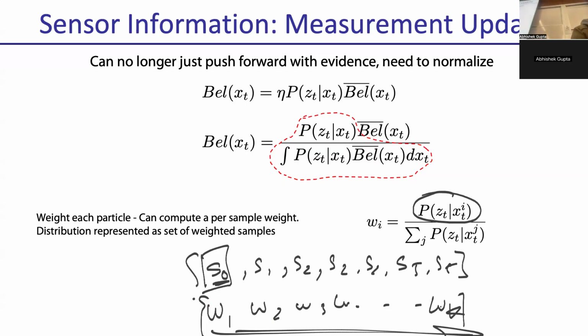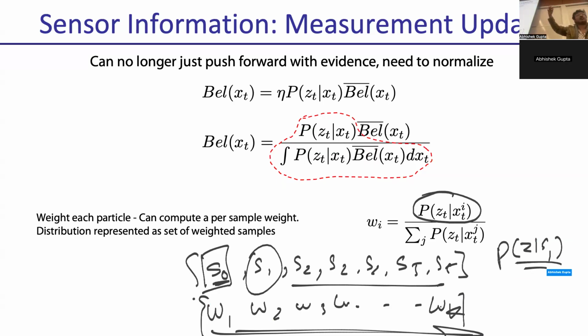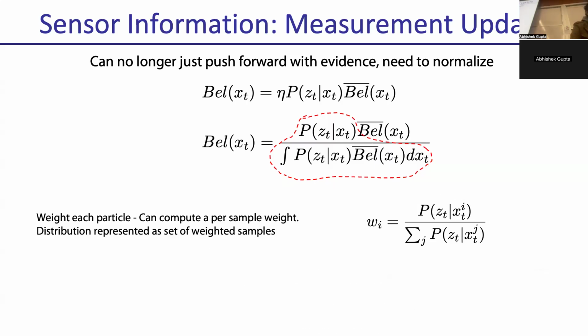Imagine that from this list, the measurement made S1 super likely, so P of Z given S1 is super high. Even though S1 only exists once in this list, its weight is going to be super high, and because its weight is high, its probability is high. So the main change is that you're just going to introduce this list of weights.